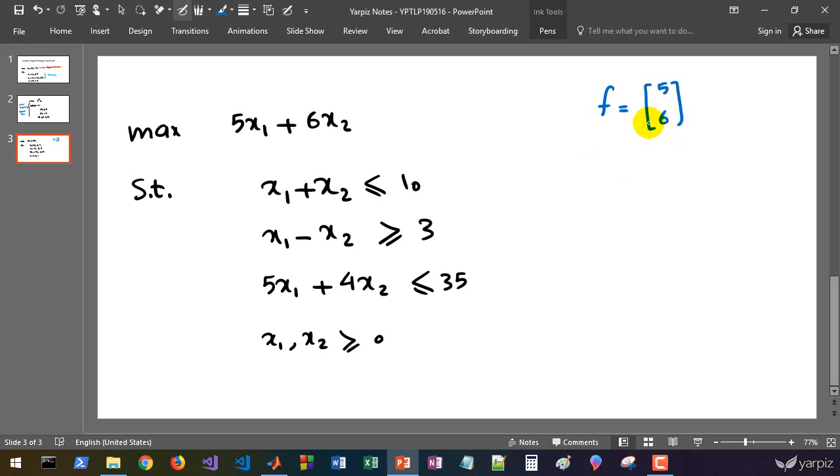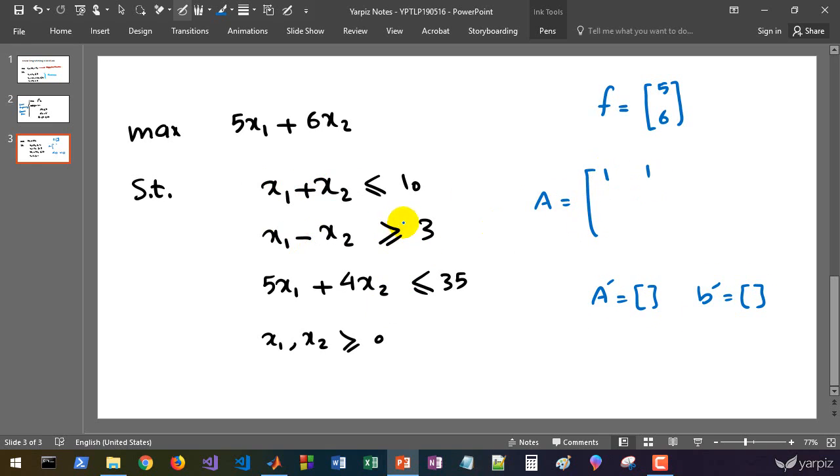These are our coefficients in the objective function. And all of our constraints are in the inequality form. And we don't have any equality constraints, so A prime is empty and B prime is an empty matrix, and A equals 1, 1, 1, 1.